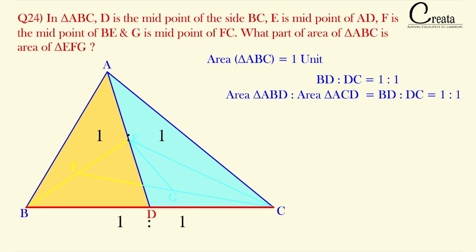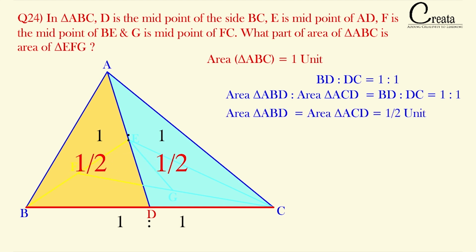That is, ratio of area of both of these triangles will be 1:1. We have assumed the area of the complete triangle as 1 unit. And area of both of these triangles are equal. So can we say area of triangle ABD and area of triangle ACD is equal to half unit? Okay, we have divided the 1 unit into 2 equal parts, that is half and half. Area of both of the triangles will be half unit. Got it?